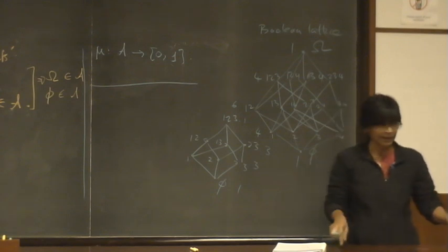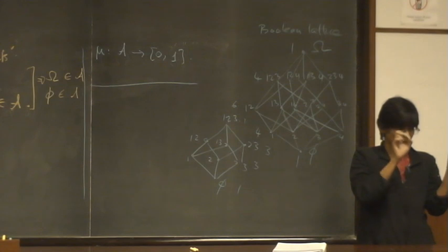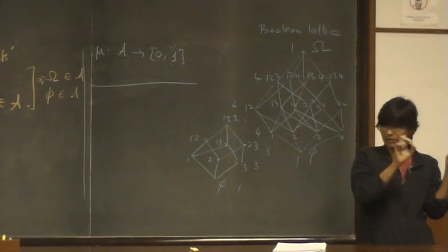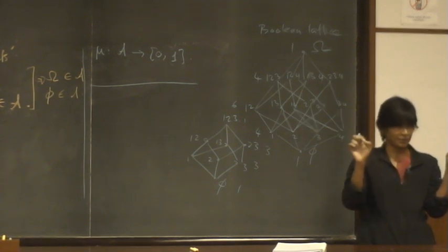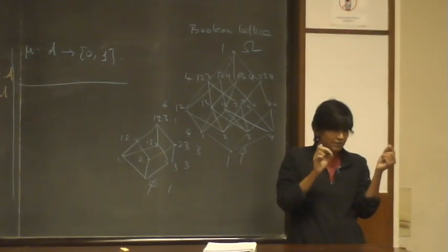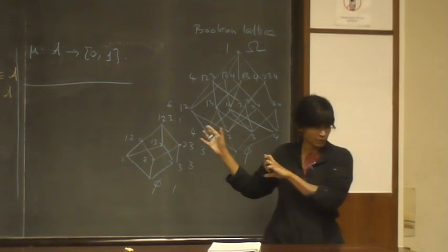It's like if I take a line and try to put a measure on it by putting a measure on every point. That's not how I construct a measure. Because if I did, then every point would have 0 measure, and then I would not be able to get anything meaningful.